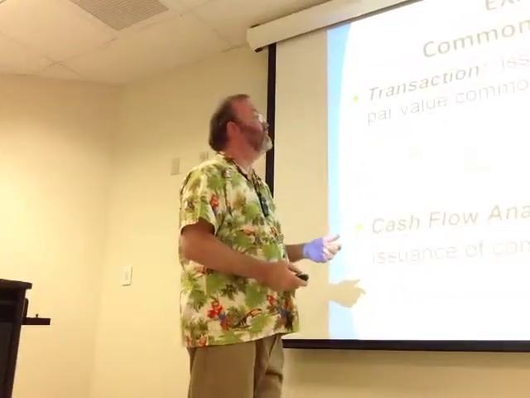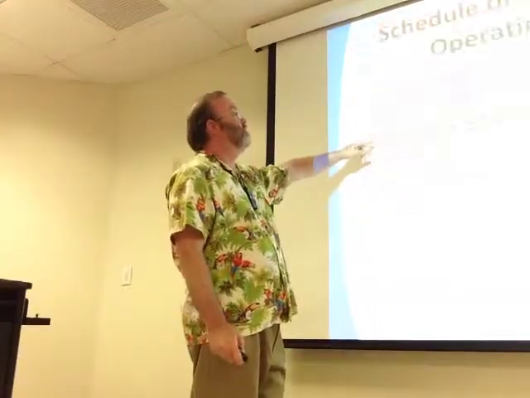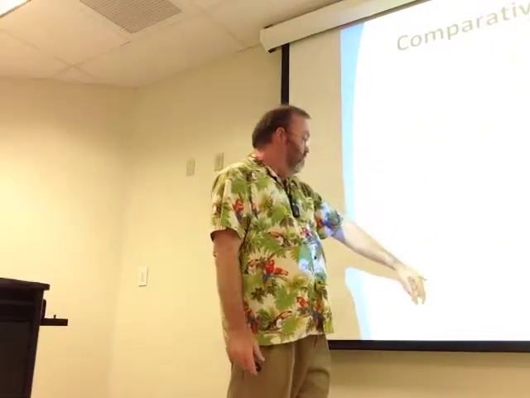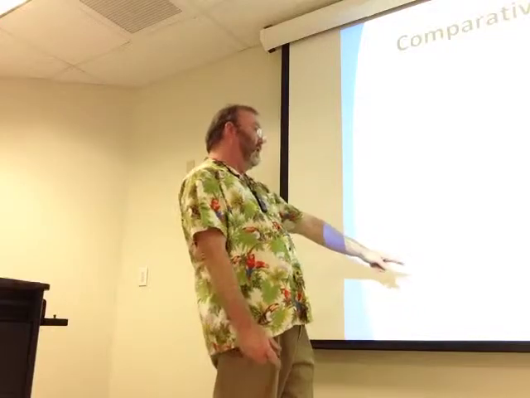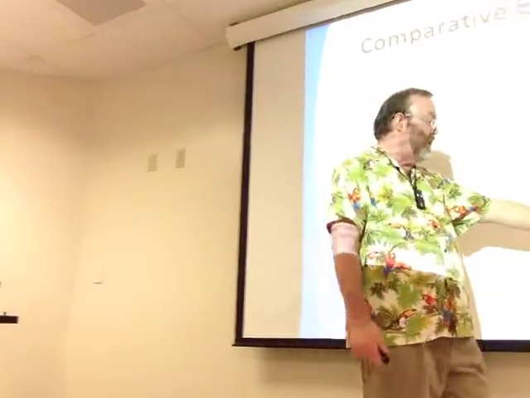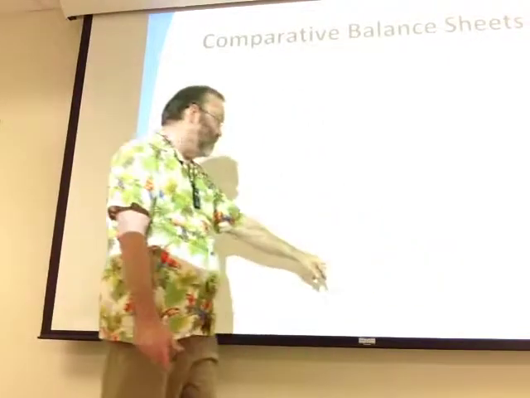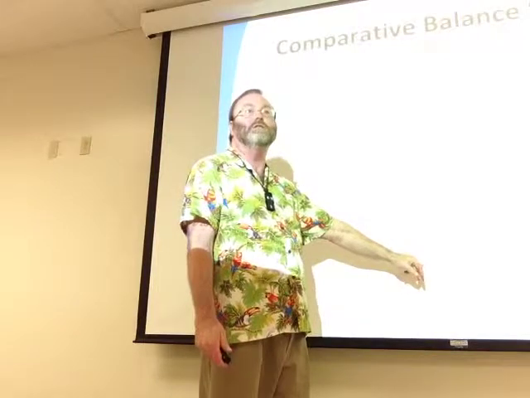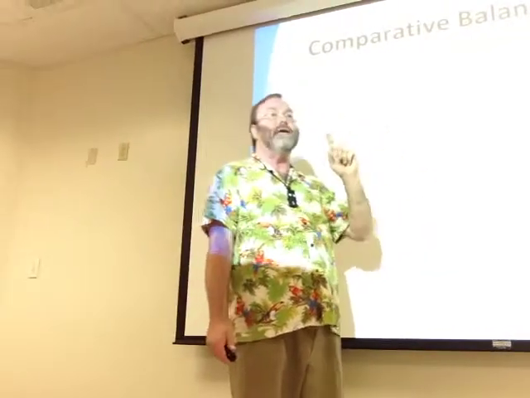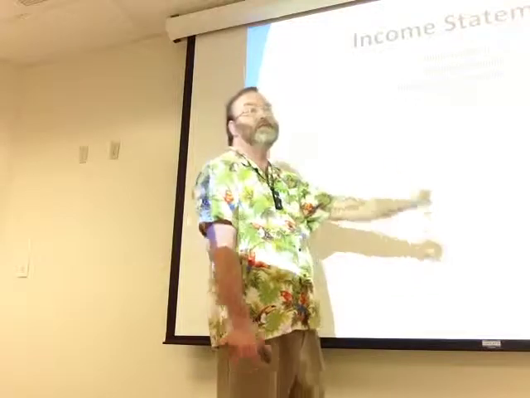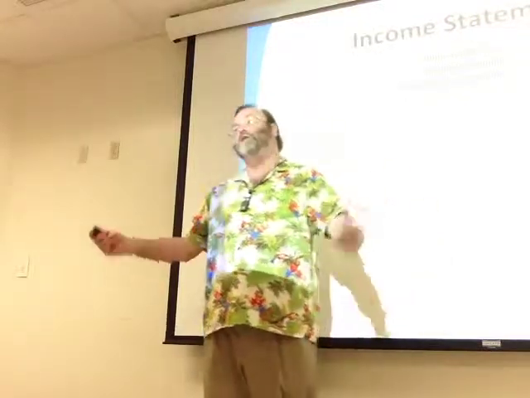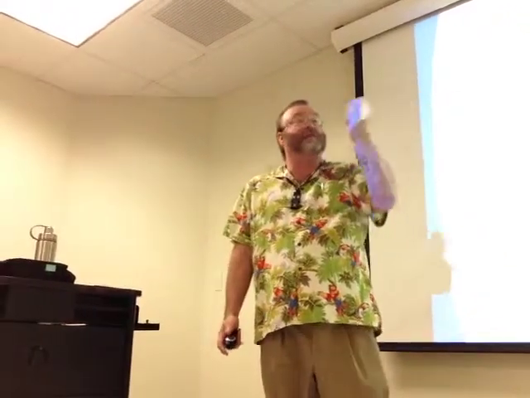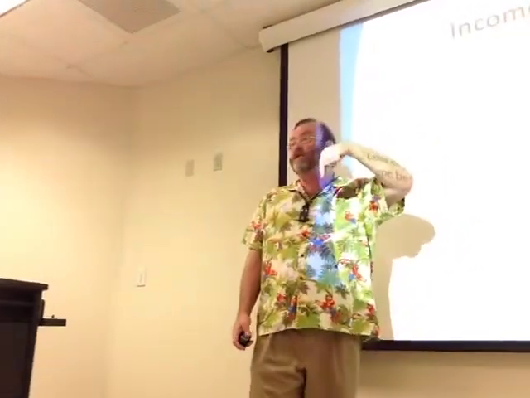So if I go back to that comparative balance sheet, let's look at it. All right. Retained earnings went up $8,000. It started the year at $132,000. It ended the year at $140,000. So if you had that information plus the income statement of $16,000, how much did you pay in dividends? $8,000, because that's what decreases retained earnings.